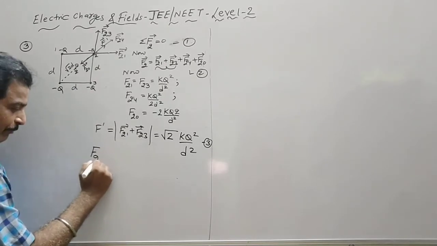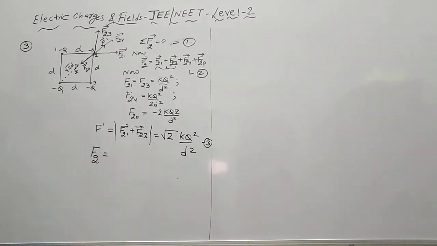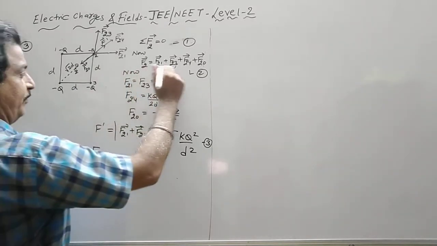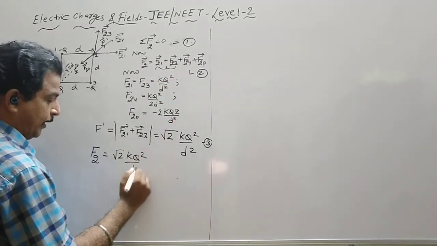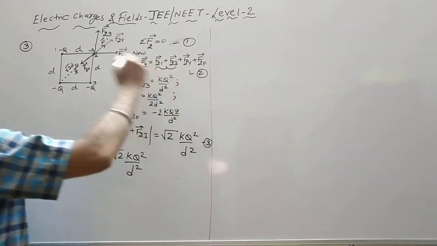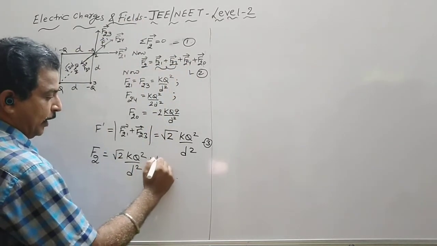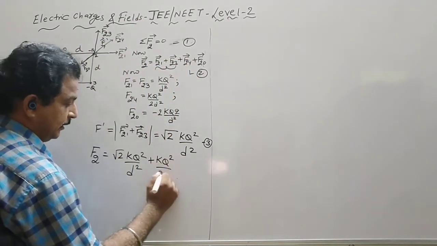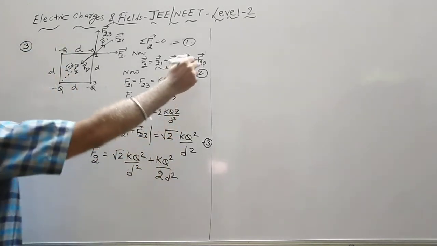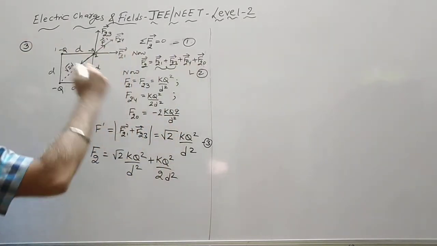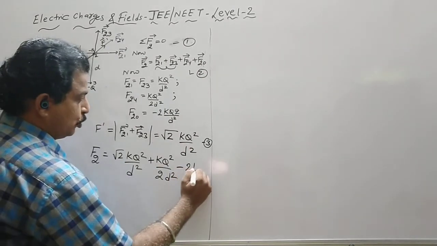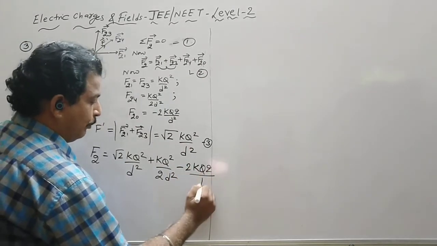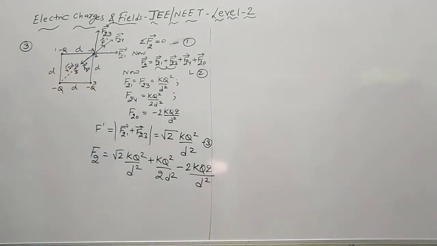So in terms of magnitude only, F2 can be written as the resultant of these 2, that is root 2 kq square upon d square. F24 is in the same direction, so I am adding that quantity. F2 naught is in the opposite direction, so I am subtracting this, minus 2 kq q upon d square.